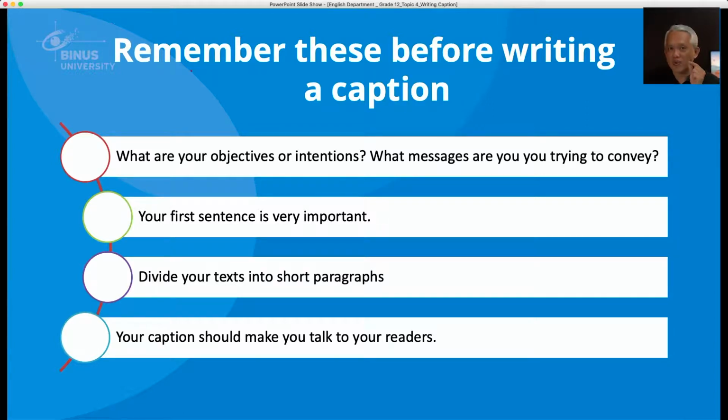Your very first sentence is very important. If you decide to make it long, make sure it is captivating enough that people would like to click to read more. If you are going to make it long, make sure it's divided into shorter paragraphs so people will not get bored. And lastly, talk to your readers. Make your caption as if you are talking to your readers or followers.